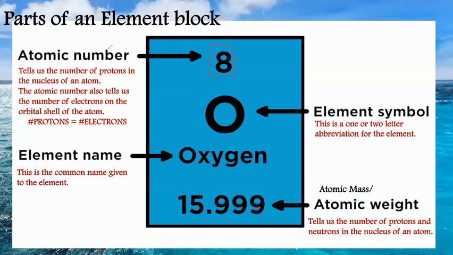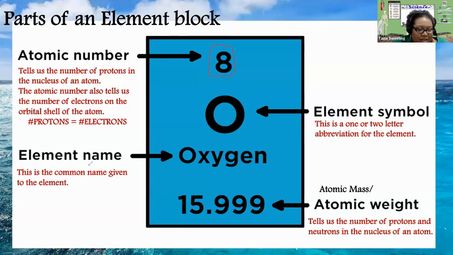They are found on the orbital shell, or the electron cloud. So the atomic number tells us the number of protons in the atom, and it also tells us the number of electrons in that atom.